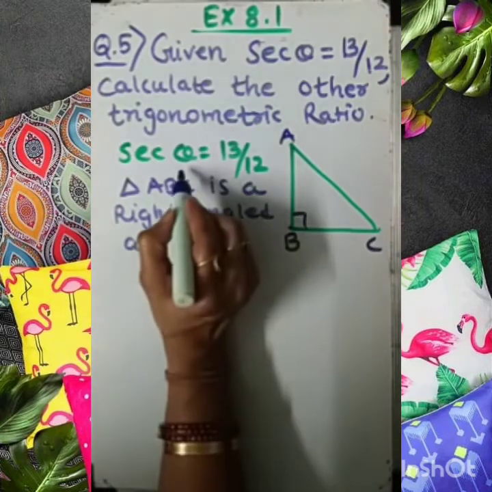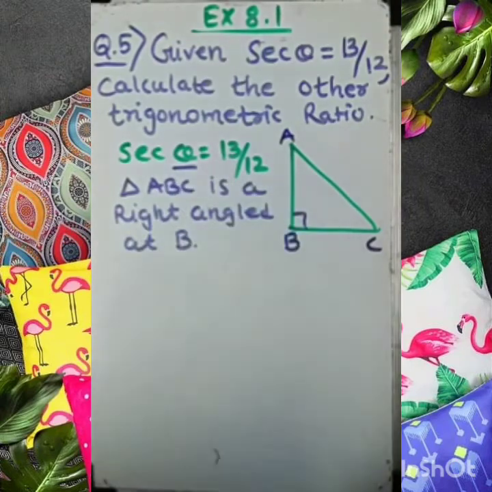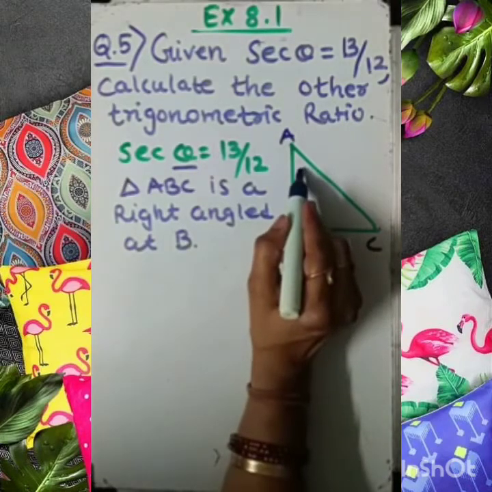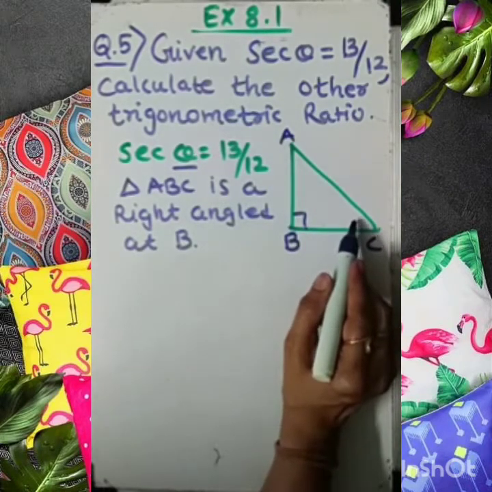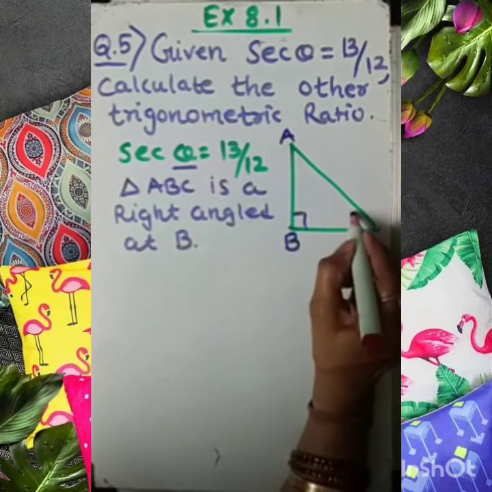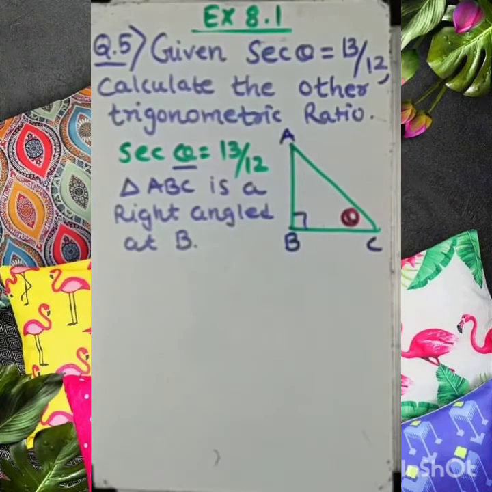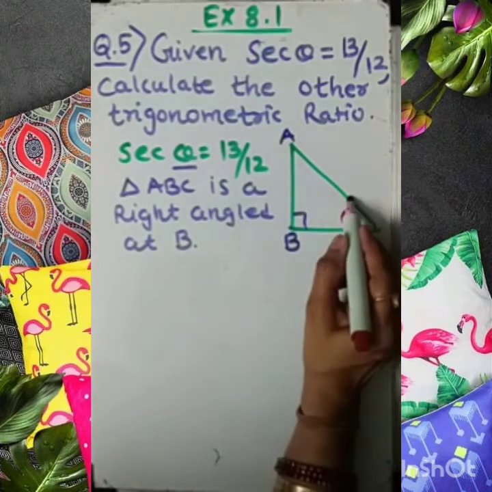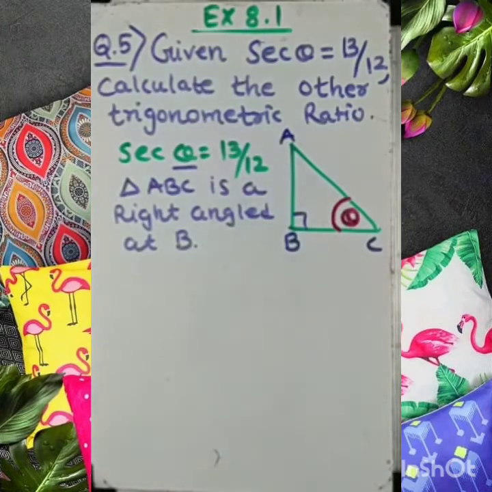Now, here the angle we are given is theta. There may be confusion: should we consider this or this? Dear student, whatever theta angle you want to consider, you are free to do so because the answer will remain the same in both cases. So for a while, I am considering angle C as the theta angle.